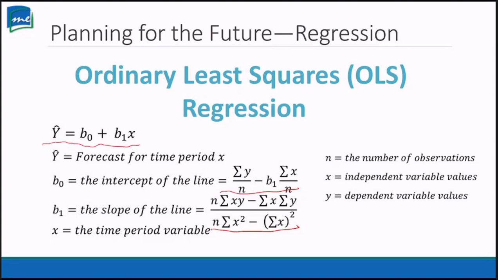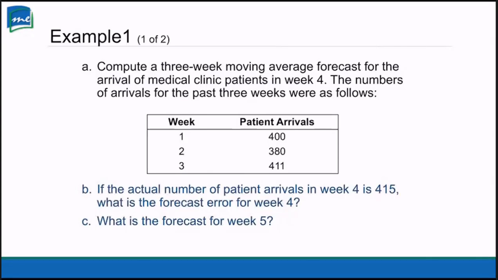Take the example we discussed when we introduced the moving average and exponential smoothing: the arrival of patients at a medical clinic. In general, we regard the week as the x value and the thing we want to forecast as the y value. Here, we want to forecast the patient arrivals in week 4, so that is the value of y we want to find.